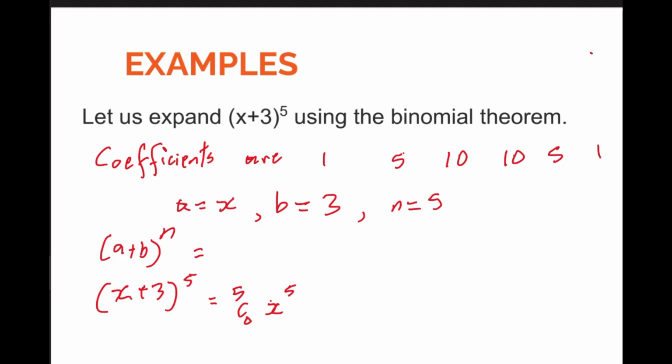And then b, which was 3, raised to 5 minus 5, which would be 0.